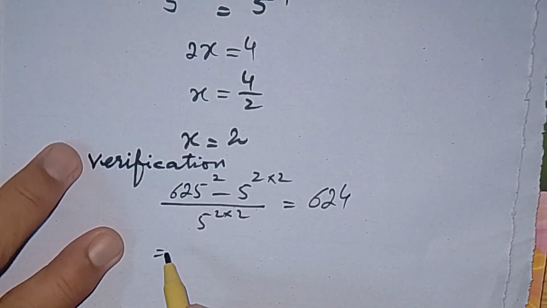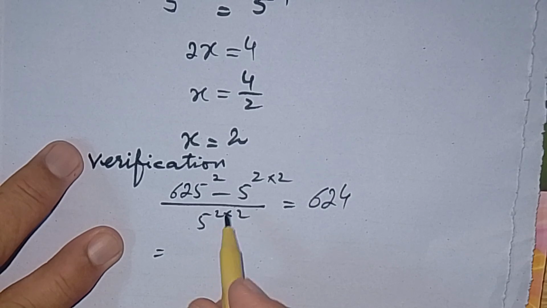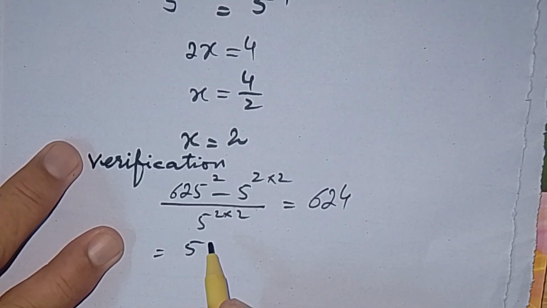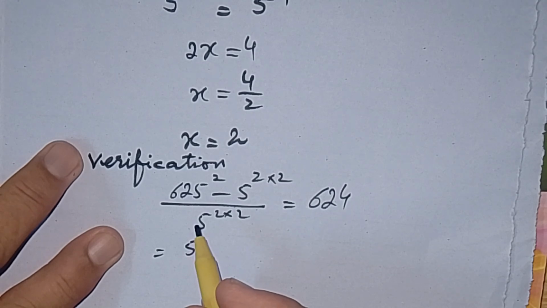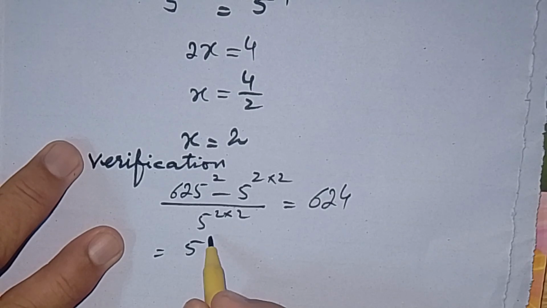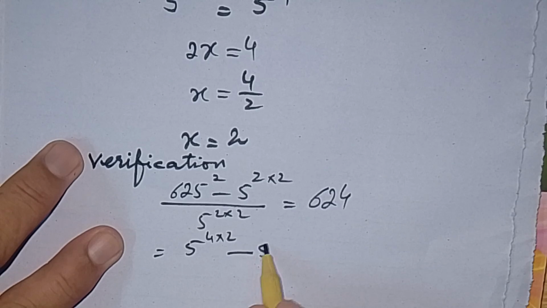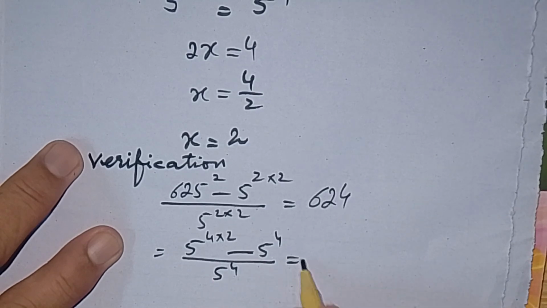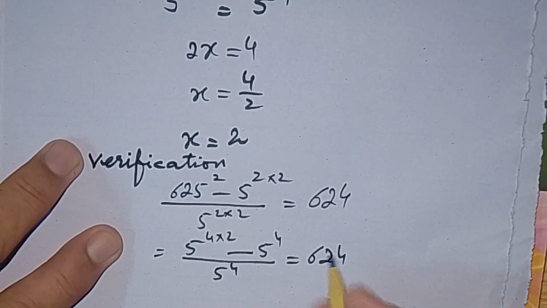Then it is equal to 5 raised to the power 4 into 2, minus 5 raised to the power 4 over 5 raised to the power 4 is equal to 624.